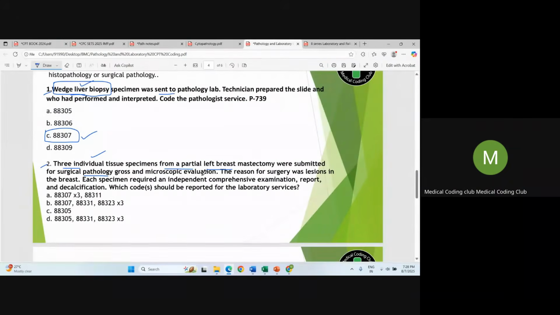The second question: three individual tissue specimens from the partial left breast mastectomy were submitted for surgical pathology, and after microscopic evaluation, the reason for surgery was a lesion of the breast. Each specimen required an independent comprehensive examination and report, and decalcification.